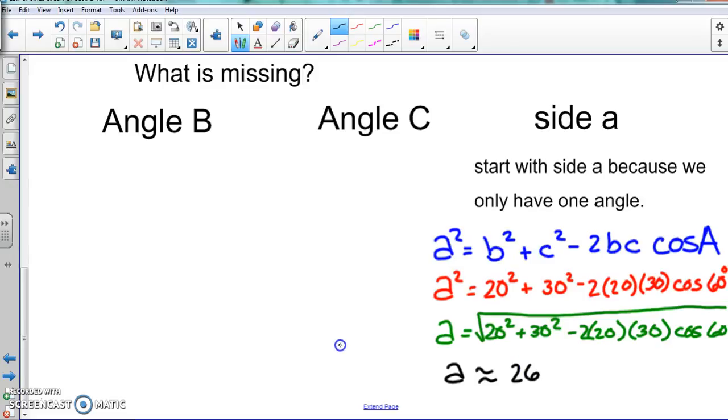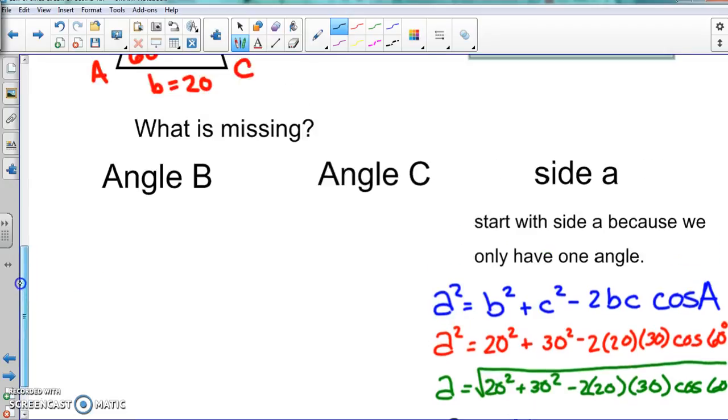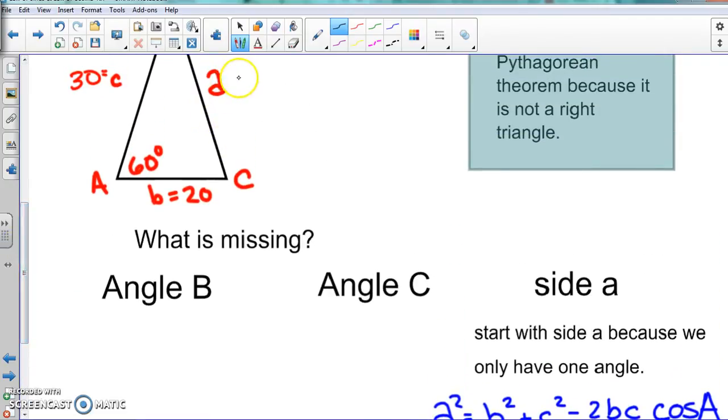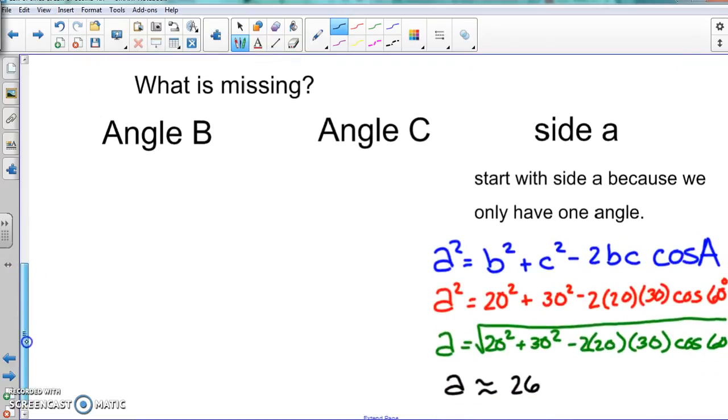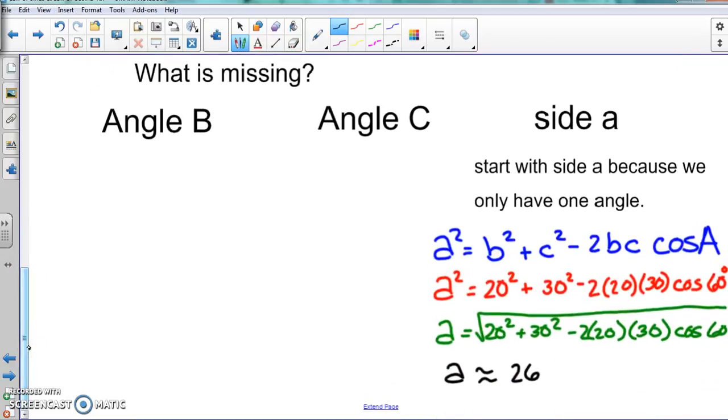Now, the great thing about this next part, now that we have side A, about 26 there, now we can do law of sines if we want to, because we have a side and an angle, and we can figure out the other two. Or if you wanted to, you can go back and do the law of cosine again and try to find angle B or angle C. It's up to you, whichever one you want to do, law of cosine again or law of sine.